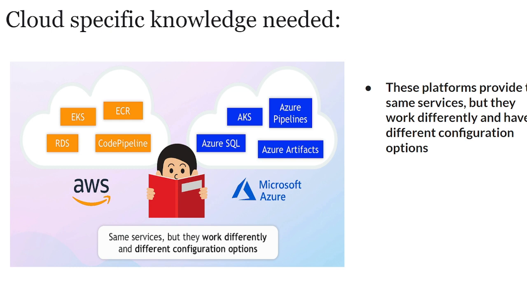You have to configure them separately, and they will work very differently. Suppose you move away from AWS to Azure or Google Cloud, now you have to learn how to use the equivalent service there, because they work a little bit differently.